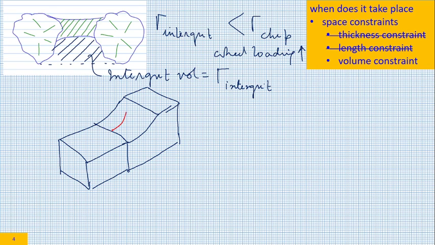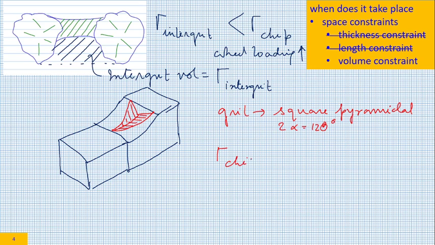The chip groove typically looks like this. Assuming that the grids are square pyramidal in shape, and further assumption is that their apex angle is 120 degree, this chip volume is 1/3 hm square tan alpha into LC.